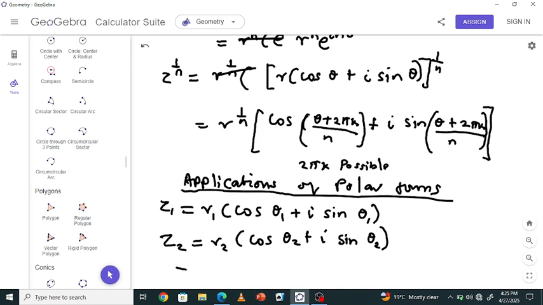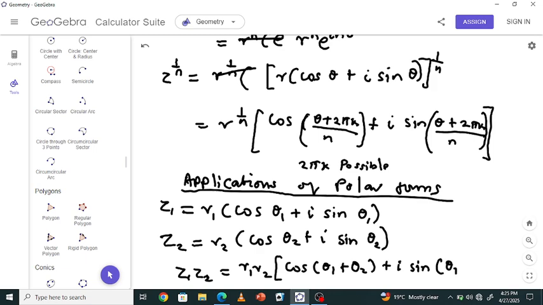And now if you are multiplying z1 and z2, we will have r1 r2 into cos of theta 1 plus theta 2 plus i sin theta 1 plus theta 2.